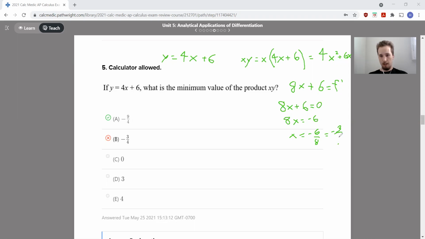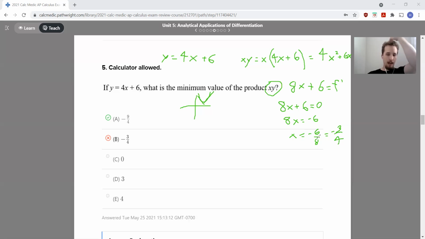And of course, me not reading, I put, okay, the answer must be negative 3 over 4. But it's asking for the product xy. Oh, and also, in order for something to be a minimum, remember, the slope has to be negative going towards the minimum, and then positive going away from it.